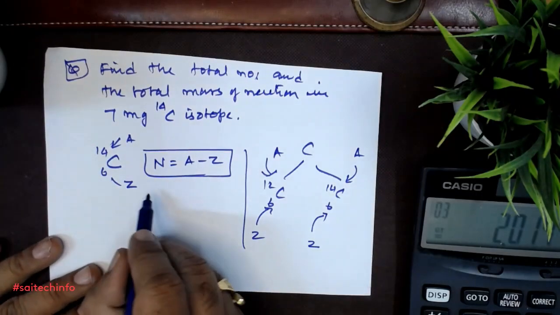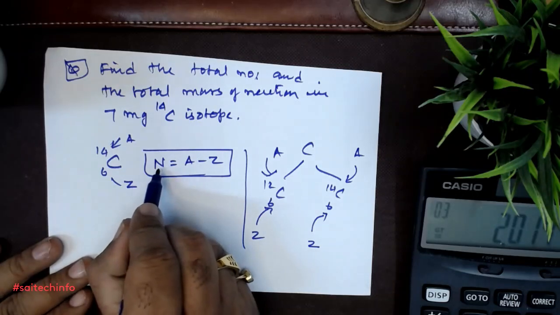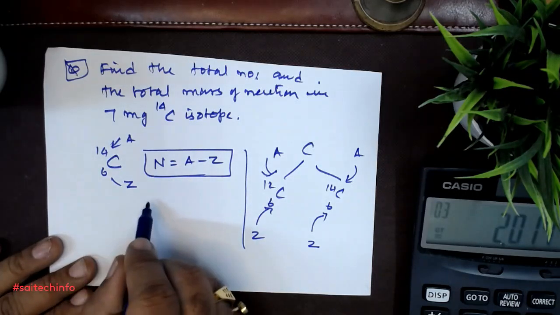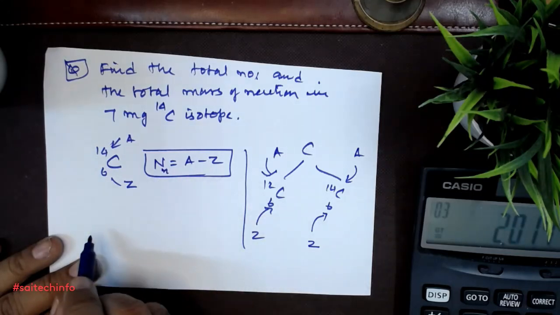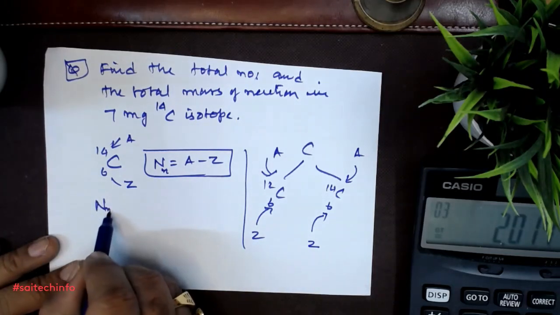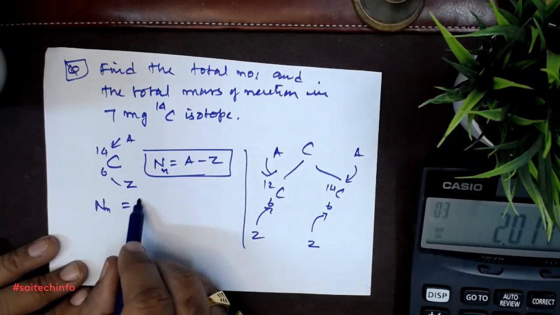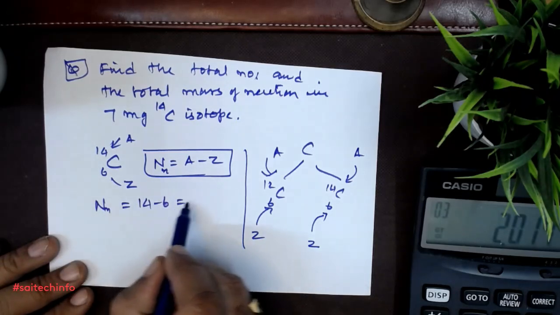So the number of neutrons is equal to 14 minus 6, that is equal to 8.